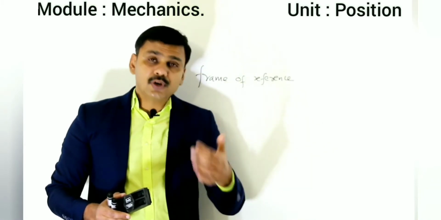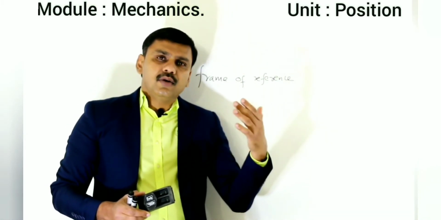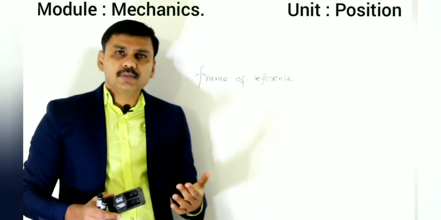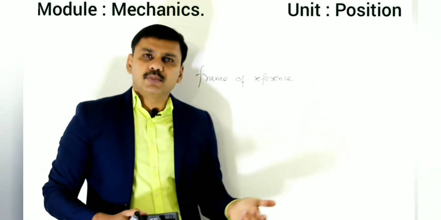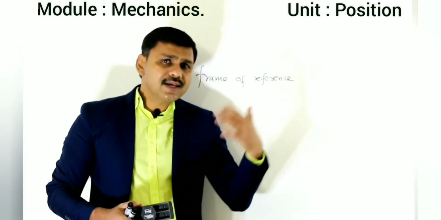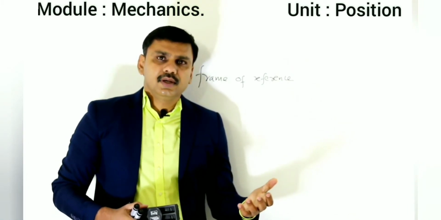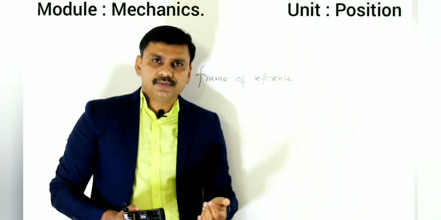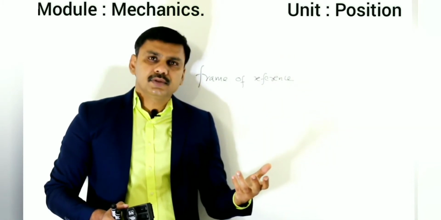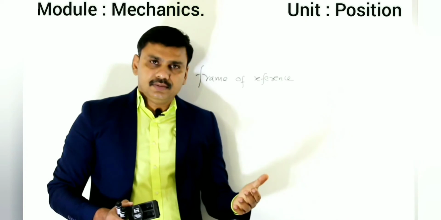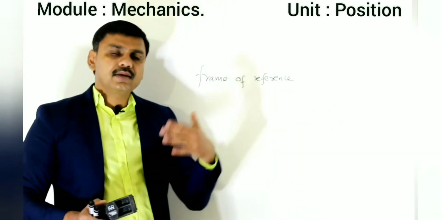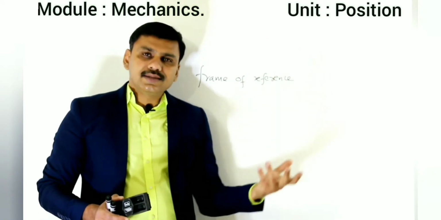Motion of an object and rest of an object, they are relative only. With respect to another body, you can say an object is in motion, or an object is at rest. The trees are at rest with respect to an object. When you walk, we are in motion with respect to a stationary object like building, trees.